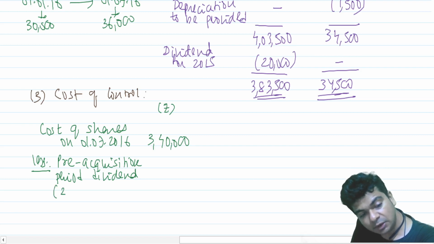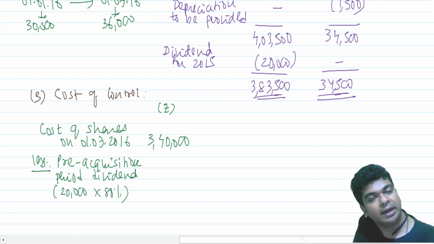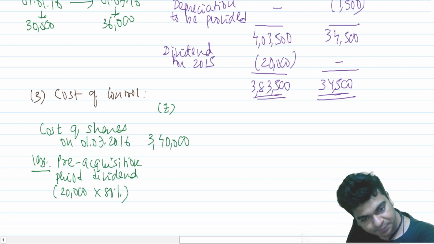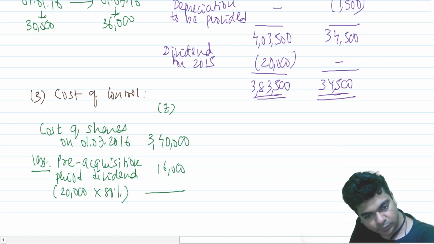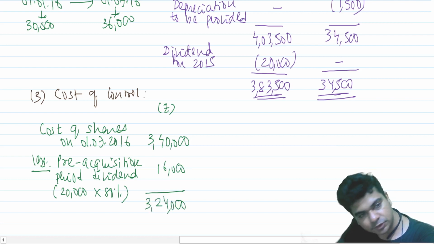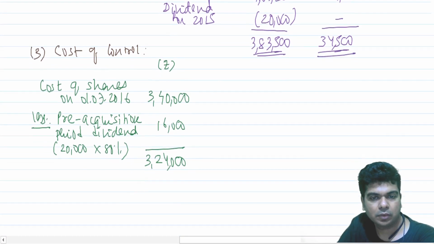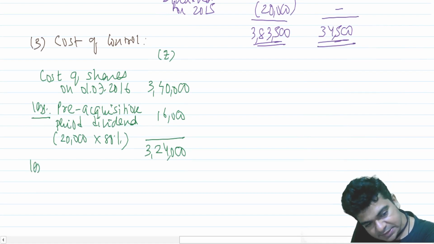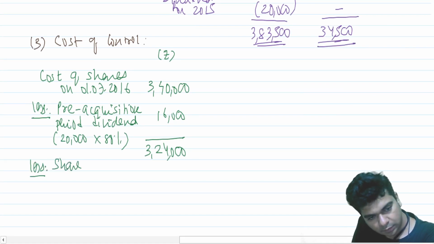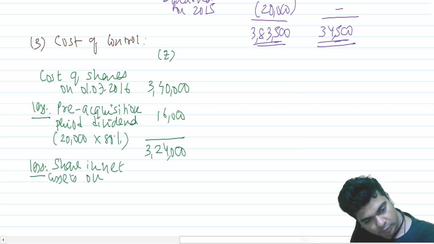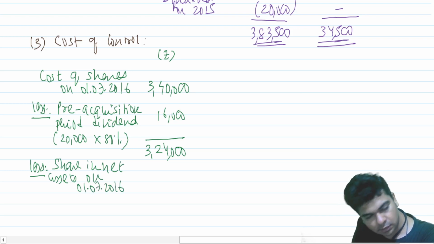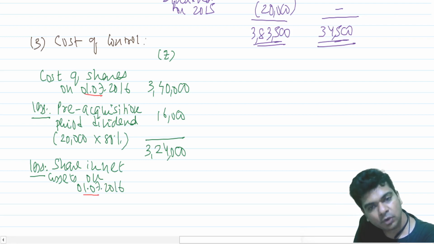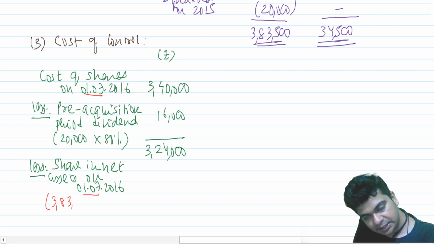The dividend paid is 20,000. Don't deduct 20,000. We will not receive the entire 20,000. We have purchased only 80% shares. So we will receive 16,000. So I get 3,24,000. Then we say less share in net assets on 1st July 2016, right? You acquired the shares on 1st July. My net assets should also be on 1st July. 383,500.